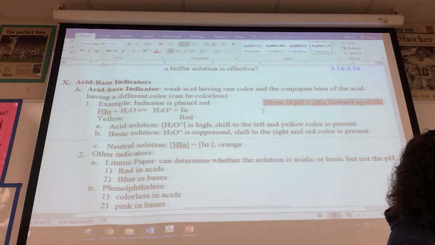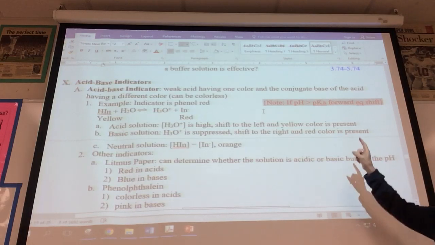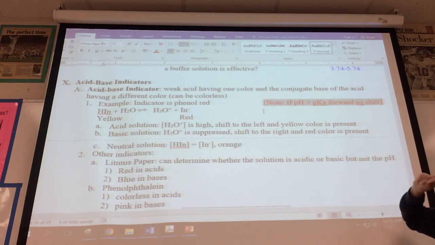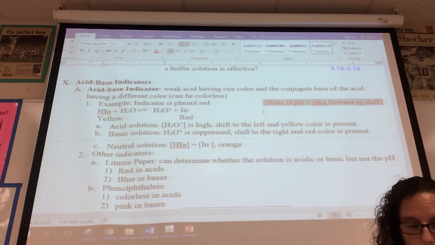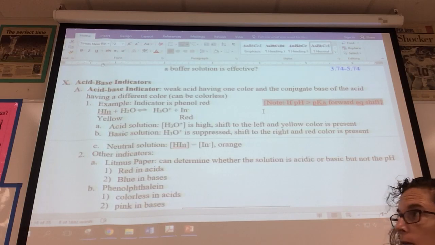Now, it says here, and this is not in your notes, scribble or type it in: if pH is greater than pKa, you're going to get a forward equilibrium shift. And let's think about this now. Rather than memorize, let's try and understand the concept so that if you are asked about this, you can answer it even if you haven't memorized all the pieces.